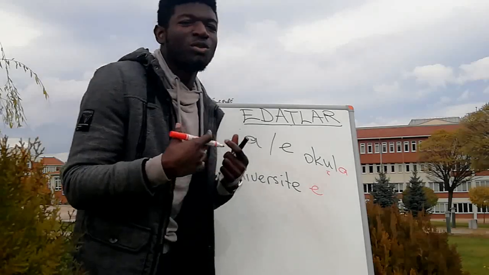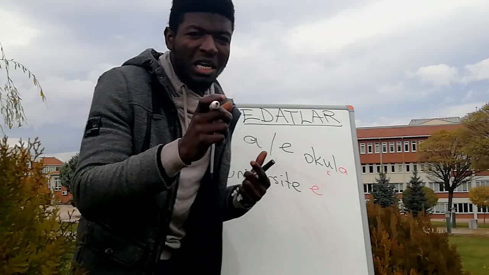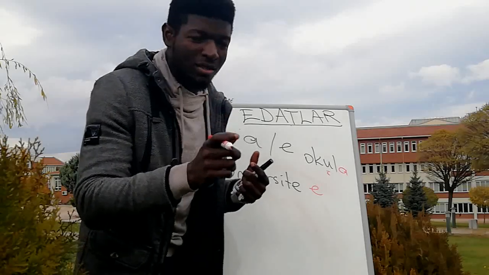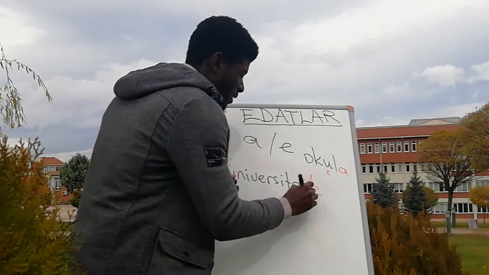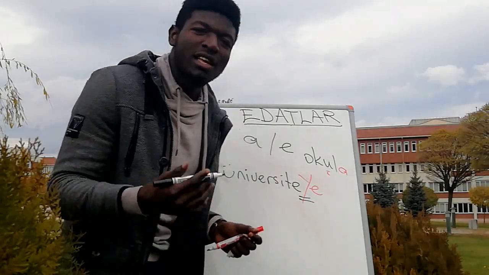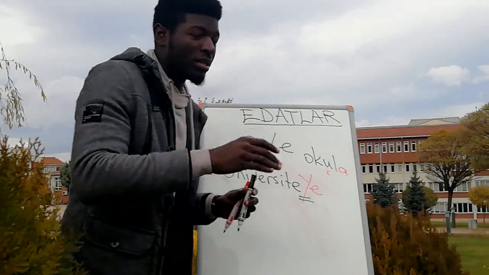But in the Turkish language, when we have two vowels, we bring the letter y to help us, right? So I'll bring y here, and it will be üniversiteye. That's all about the logic of to and so on.